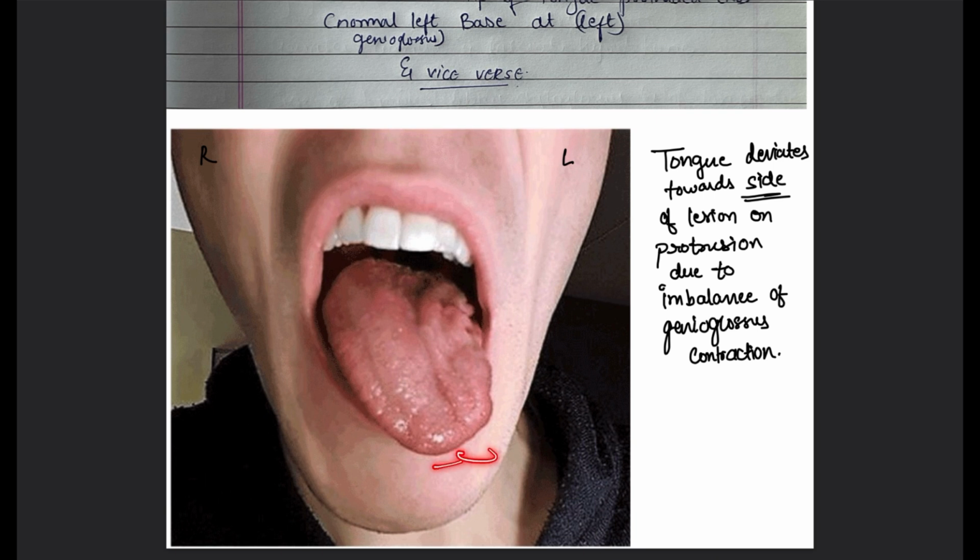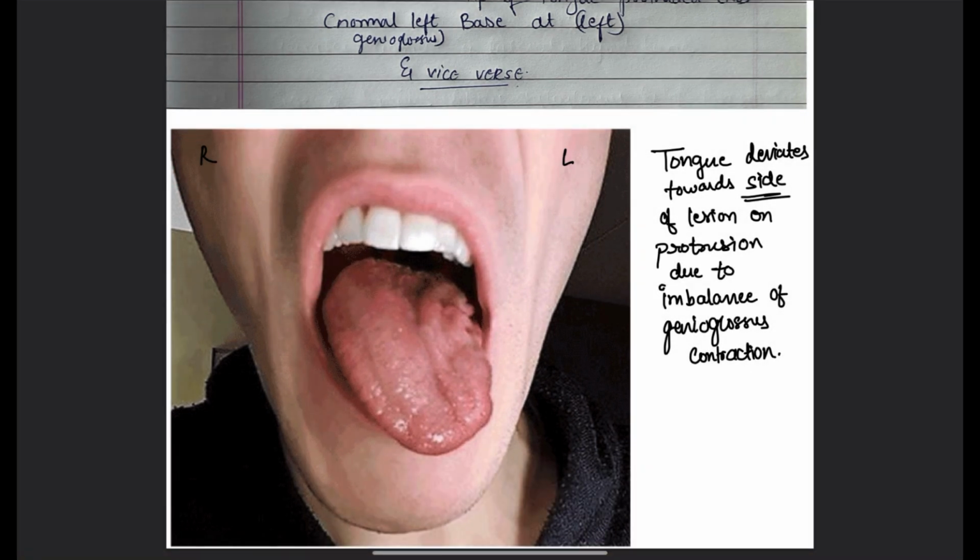That's why the tip is deviated towards the left, because there is an imbalance of genioglossus contraction present on the left side, but the right side is the normal side. So the base of the tongue is present on the normal side, that is the right side.